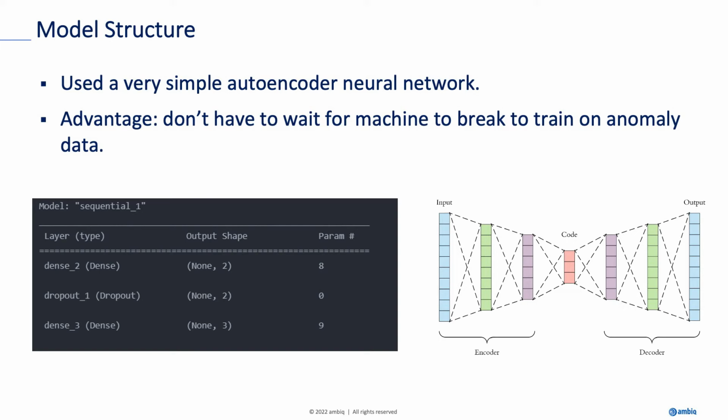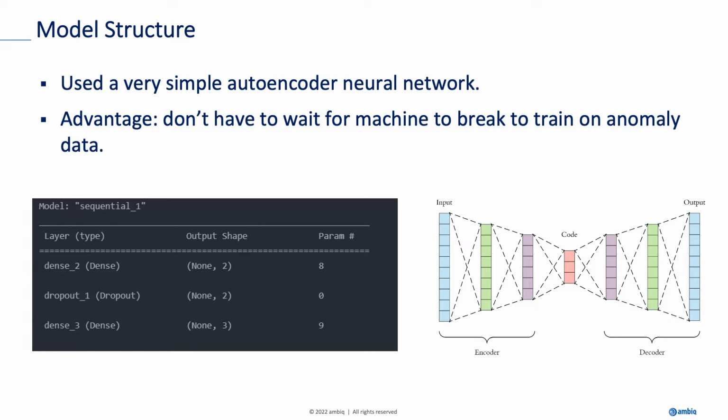Moving on to the model structure, I used a very simple autoencoder neural network. An autoencoder is a type of neural network with two parts, the encoder portion and the decoder portion. So for example, if my model were working with images, the encoder portion would attempt to identify features important to the image, and the decoder portion would attempt to recreate the image.